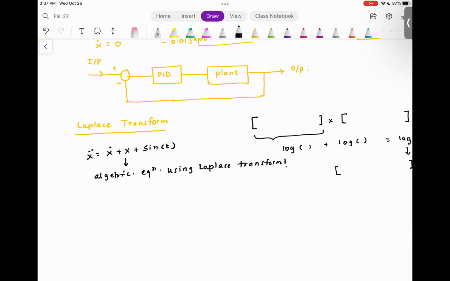Now, this would be a good time to give you the definition of something called the transfer function.